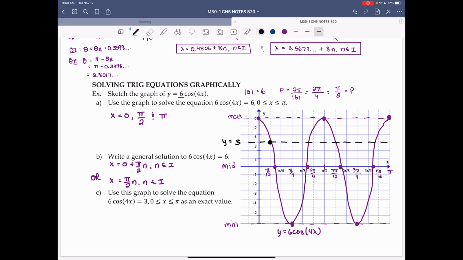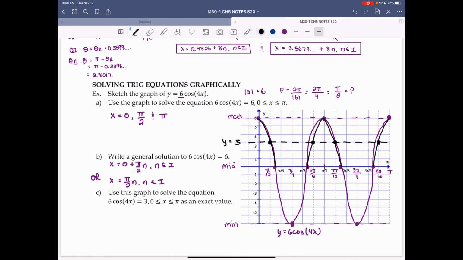But if we look, we can see that this intersection point looks like it's pretty close to pi over 12. This one looks like it's right on 7 pi over 12. This one looks like it's pretty close to 11 pi over 12. So this one's probably supposed to be 5 pi over 12, and the graph is probably supposed to go through this point, through this point, and this point.